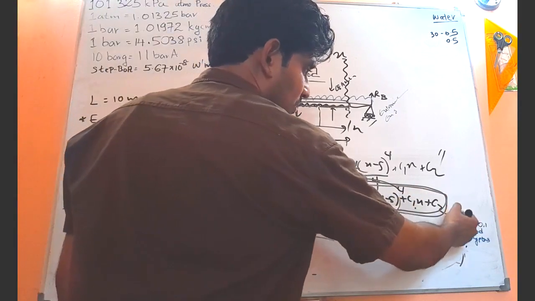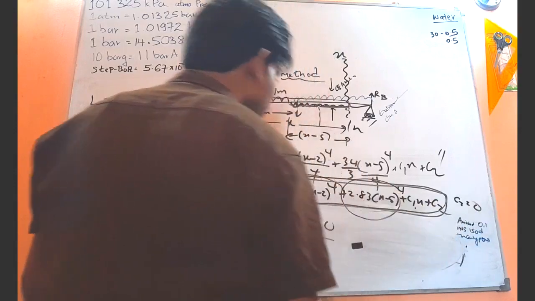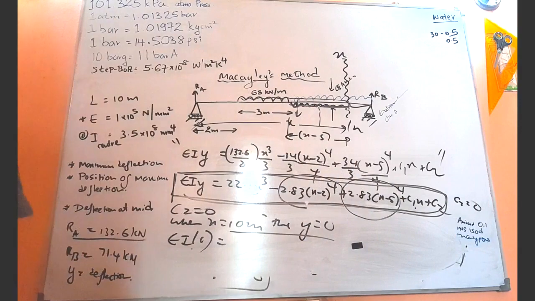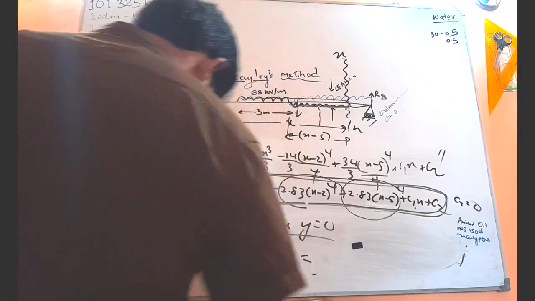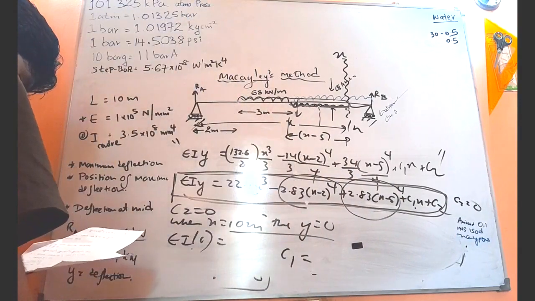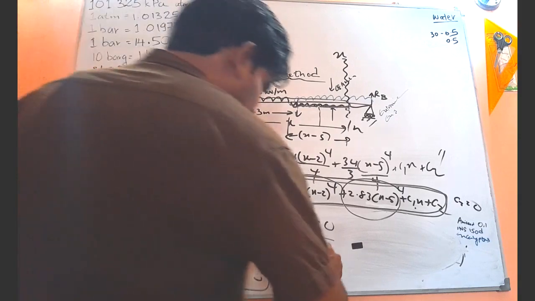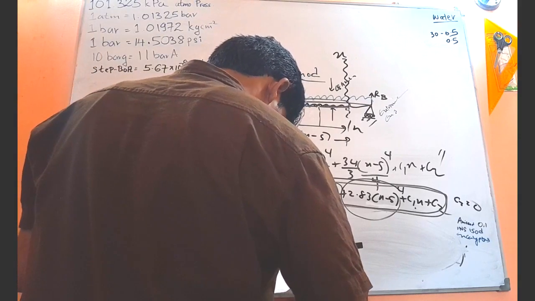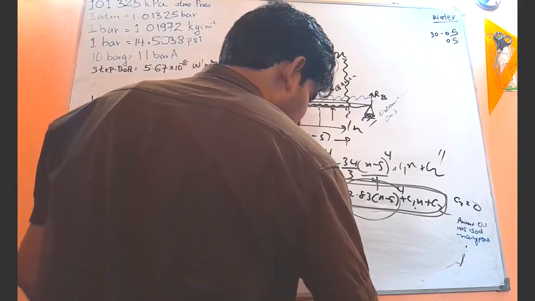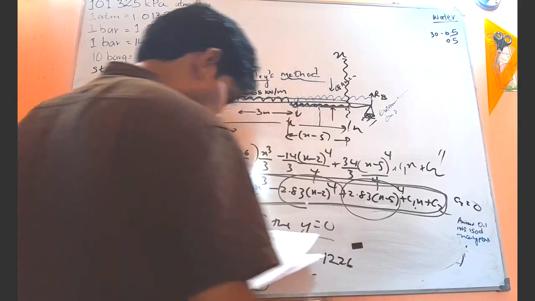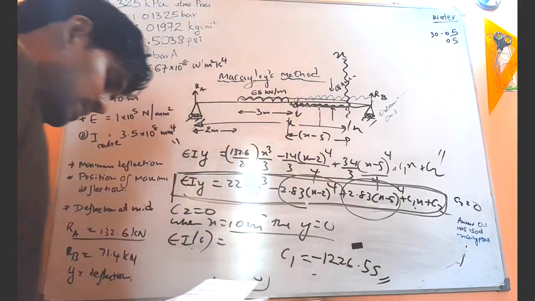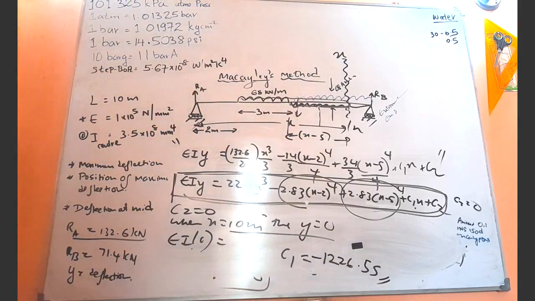Now we know that C2 is 0, so you can find a value for C1. Check your calculations. If you do that, you get C1 equals minus 1226.55. Now let's write the final equation.